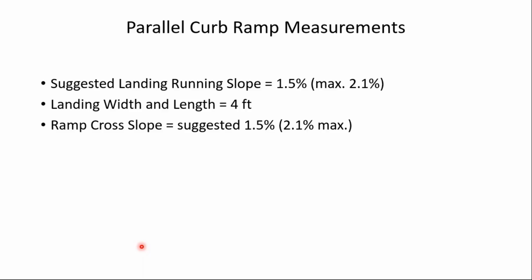Looking at the ramp measurements, again, I suggest the landing running slope be designed for 1.5% so that when it's built, it won't exceed 2.1%. Landing width and length, 4-foot minimum, and the ramp cross slope, 2.1% maximum. I suggest designing it for 1.5%.